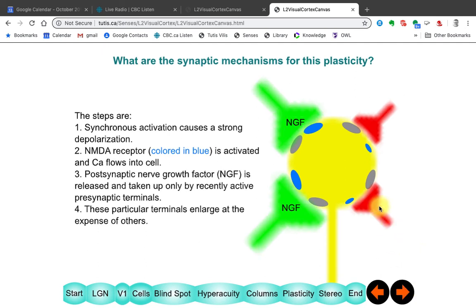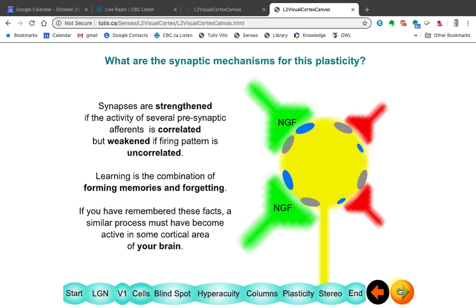At the same time, these other neurons' connections become weaker because they weren't firing at the same time. So if cells fire at the same time, the connections strengthen. If cells fire at different times, this gets smaller, and gradually the connections become smaller.